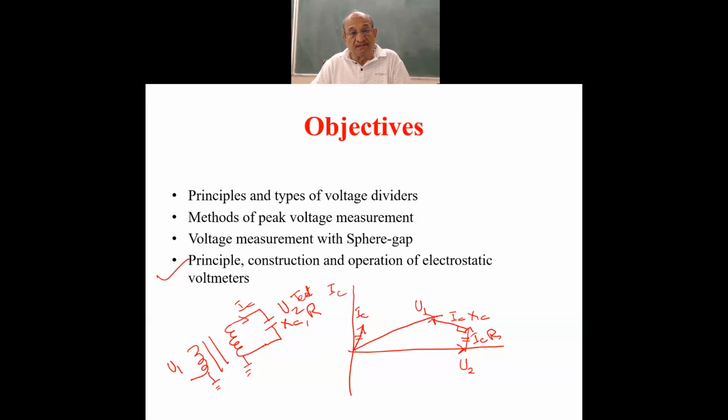The electrostatic voltmeters, which are based on the force between the two electrodes in a uniform field, have been used very widely, but not to very high voltages, because of the size of the electrostatic voltmeters, that is the plates between which the force is measured and calibrated to the applied voltage.